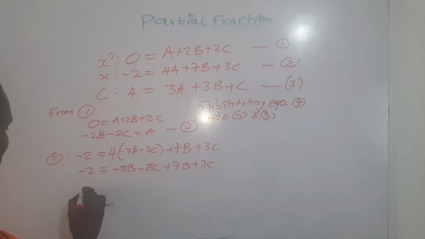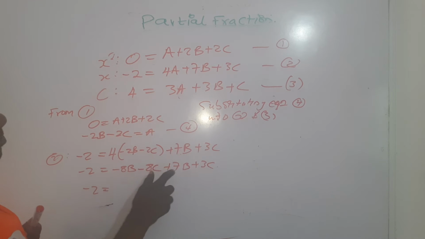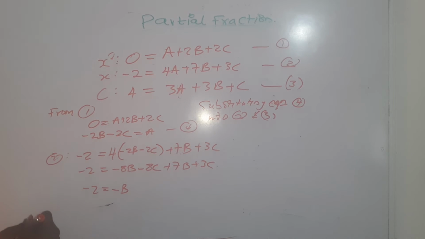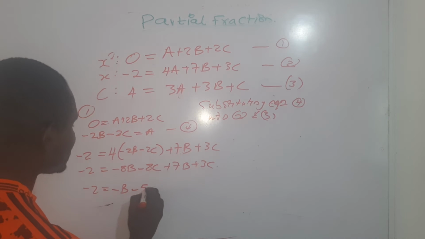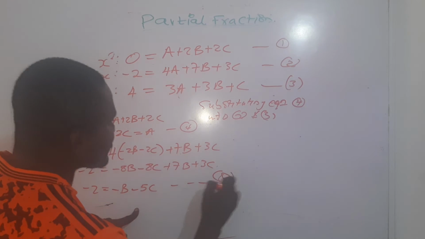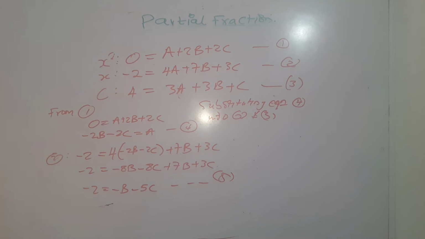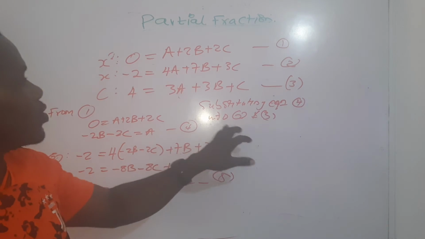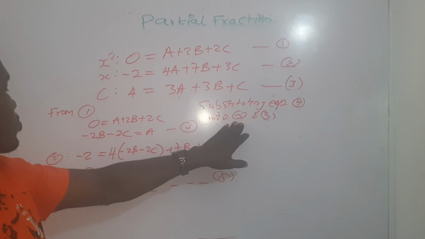Then we collect terms: minus 8b plus 7b is minus b, and minus 8c plus 3c is minus 5c. You can call this one equation 5. Don't forget, we are substituting equation 4 into equation 2 and 3. We are done with equation 2.